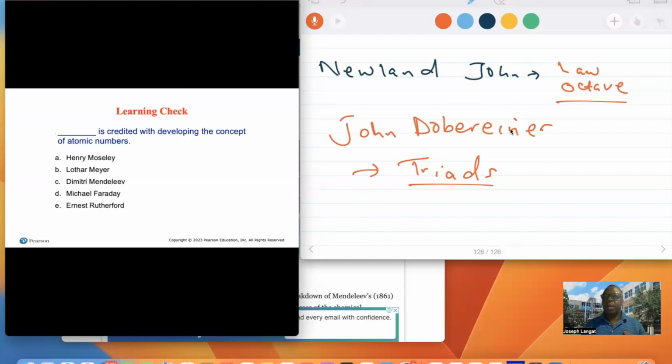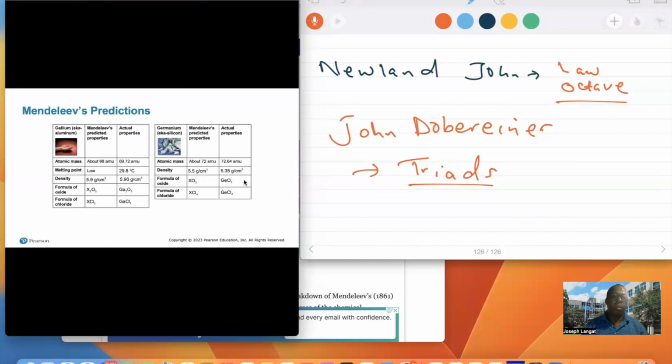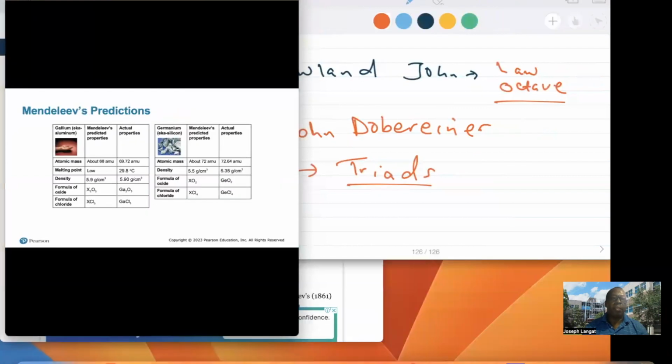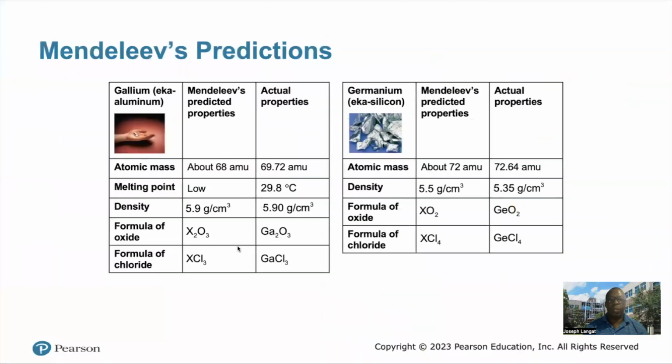Henry Moseley, atomic number, and Dmitri is considered as the father of the modern periodic table. This is the reason why Mendeleev is credited for the modern periodic table. He was able to predict yet undiscovered elements during his time. If you look at the periodic properties of eka-aluminum, this is what he proposed.